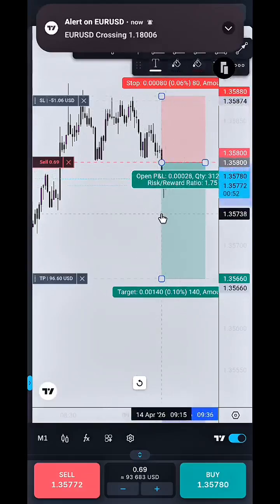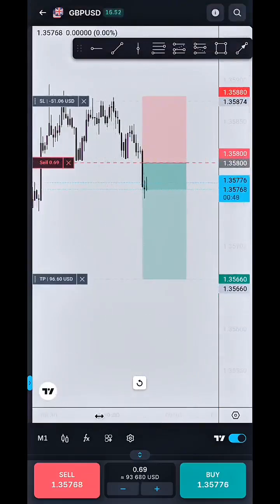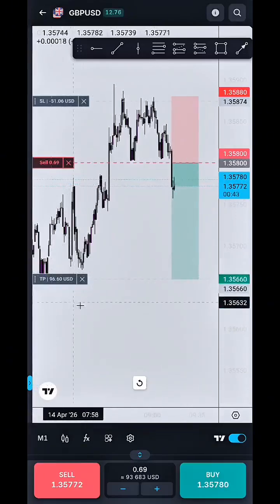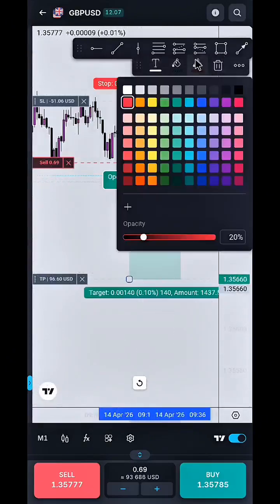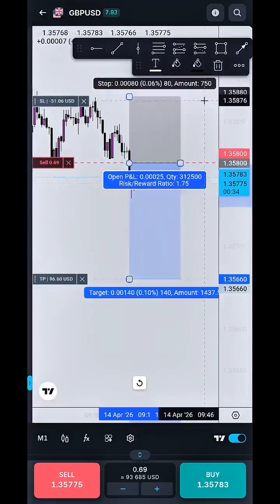So I risked a little bit too big. Yeah, if the stop is above there, that would be okay.